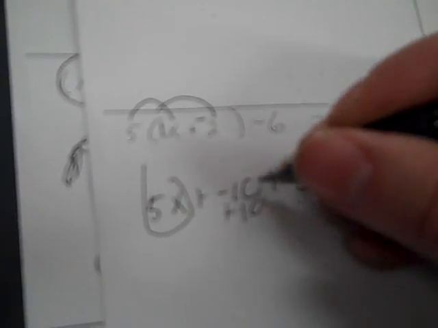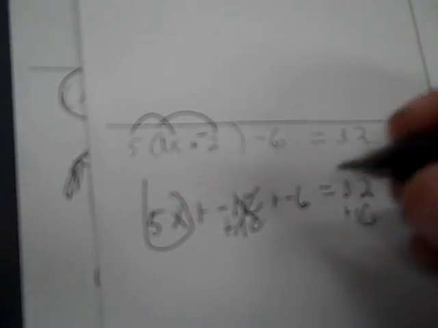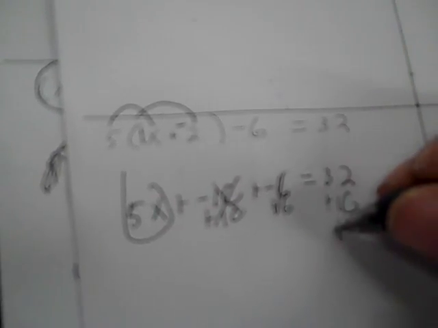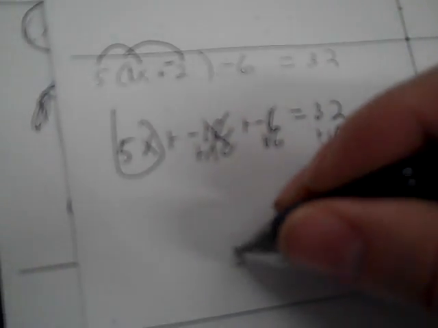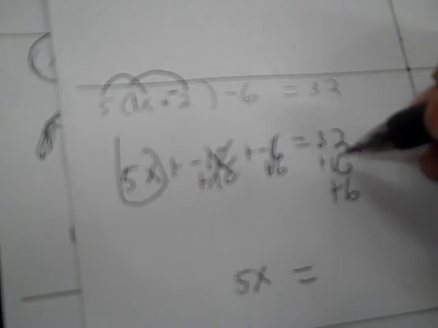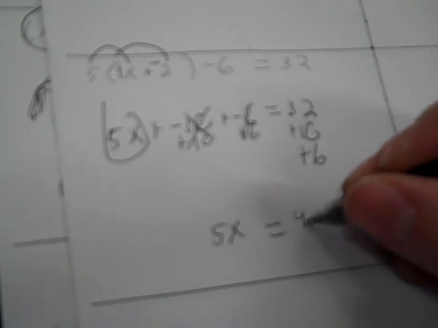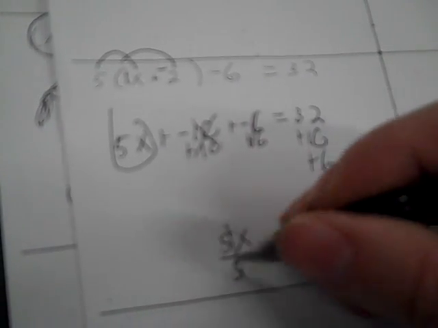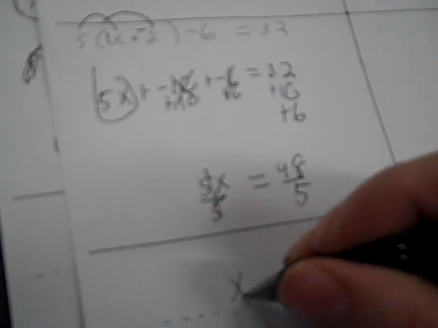So plus 10, plus 6, plus 6. So I've got 5x, and then 32 plus 10 is 42, plus 6 is 48. And then I divide by 5. And 48 divided by 5 is going to be 9 point, I think it's 9.6. Yeah, it is. So there's my answer. Only one of them because there's no second power.